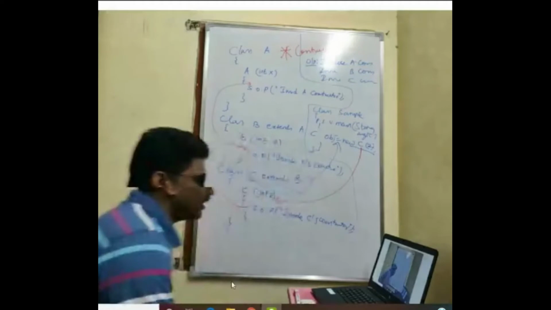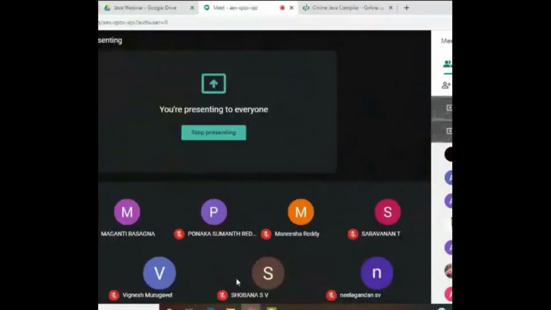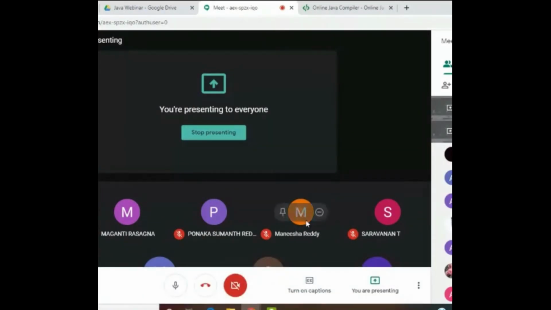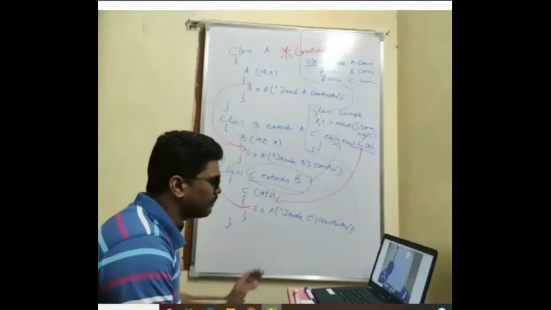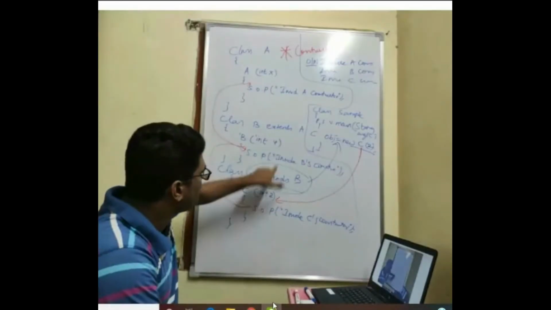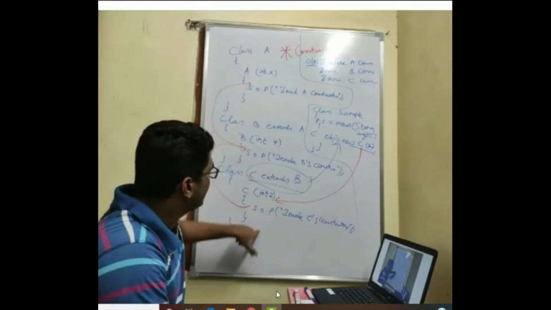Can anyone tell, will I get the same output or will there be any difference? The thing that I made is I just passed parameters to the constructor. Previously, the constructor was a default constructor. Now the constructor is a parameterized constructor. I am passing values to all the three constructors.